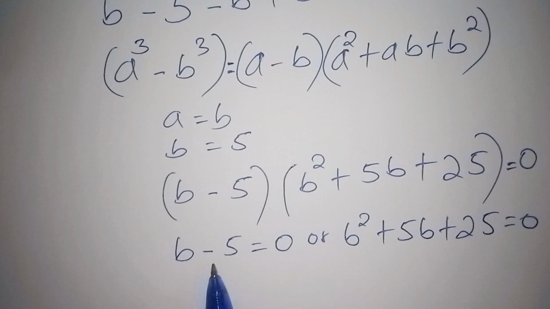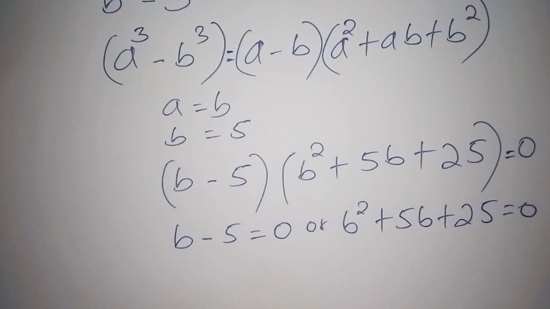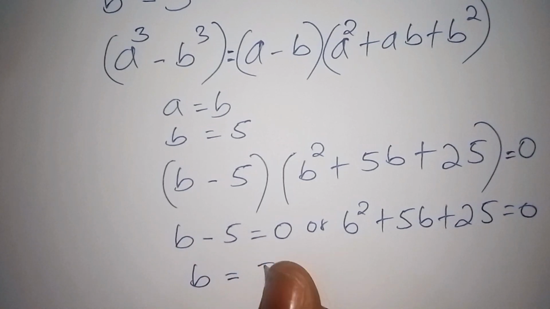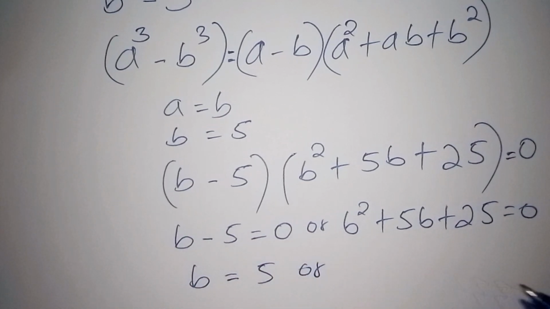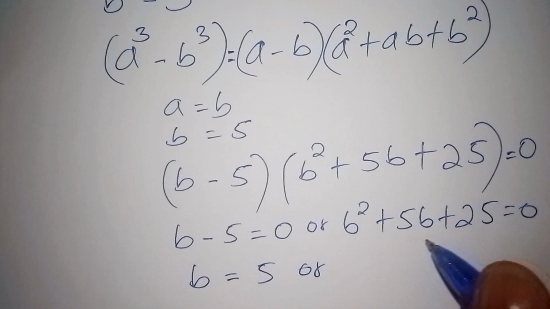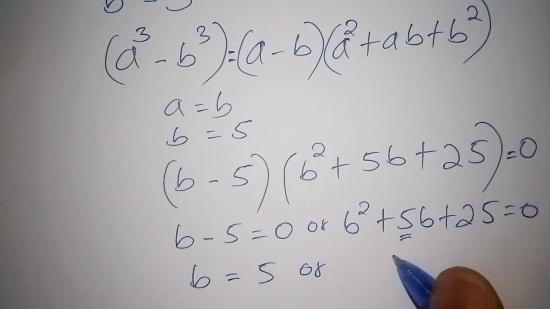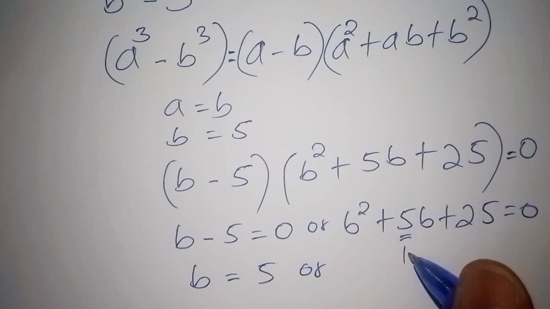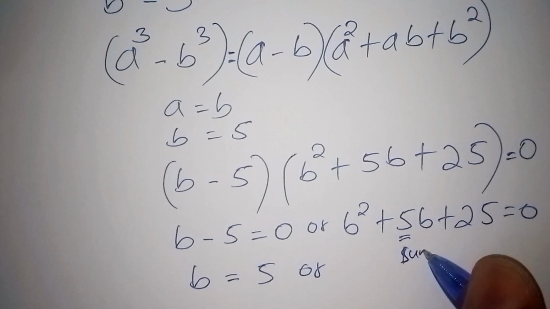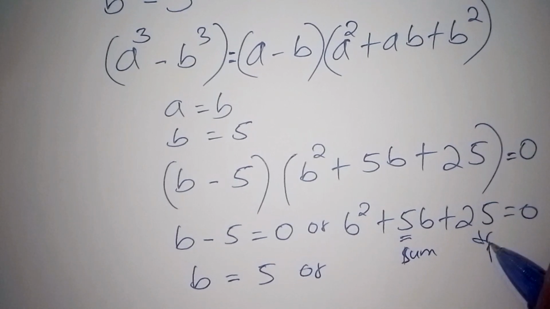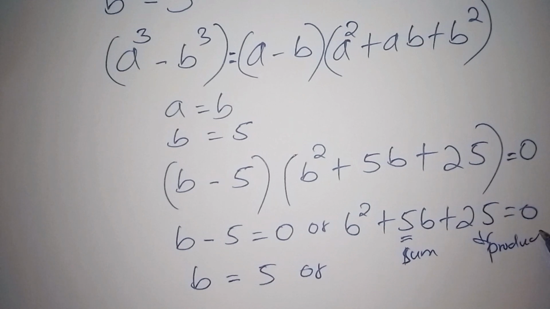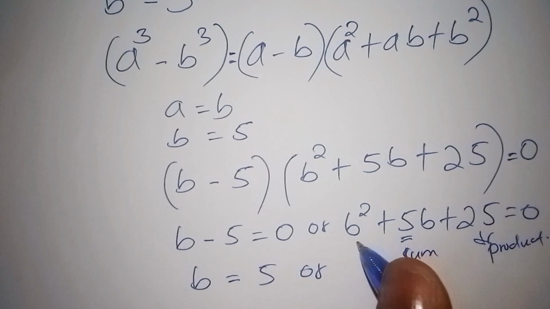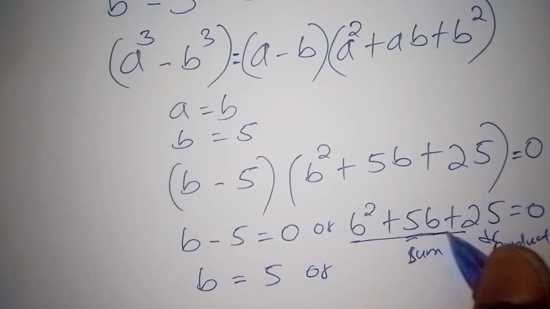When you work out b minus 5 is equal to 0, we remain with b on the other side, so we conclude that b is equal to 5. As for the other equation, the sum is 5 and 25 becomes the product, so it will be difficult for us to work it out.